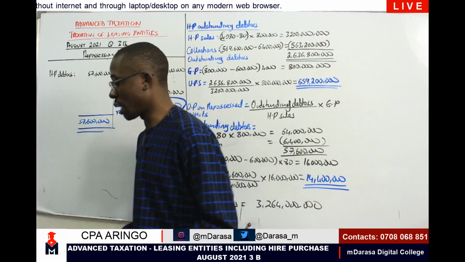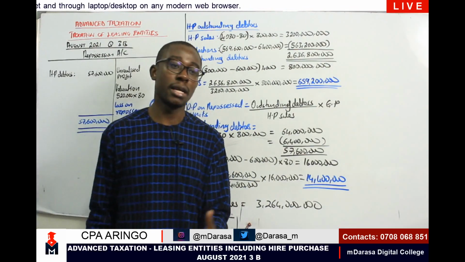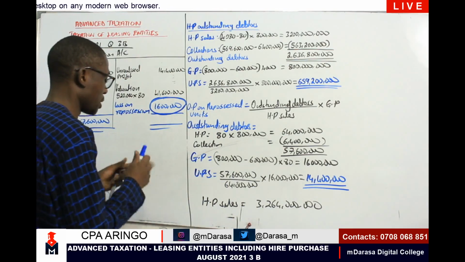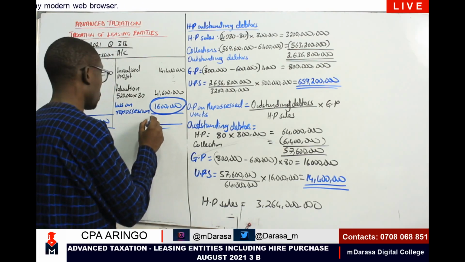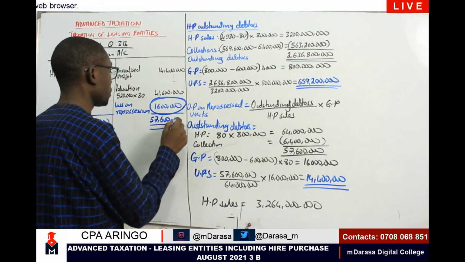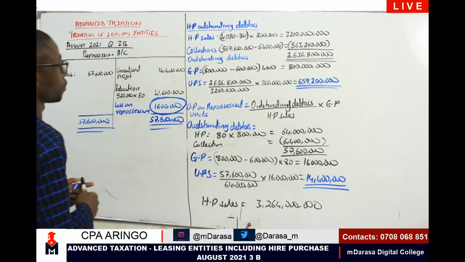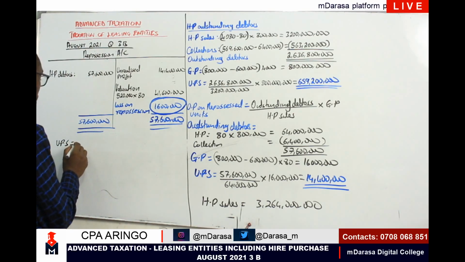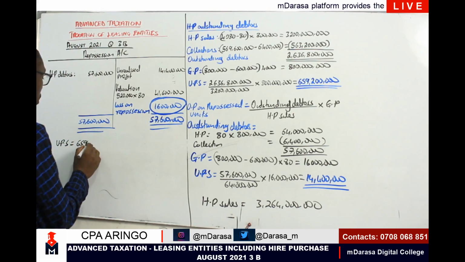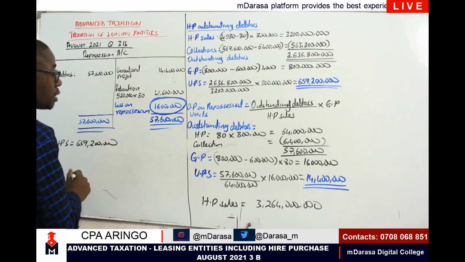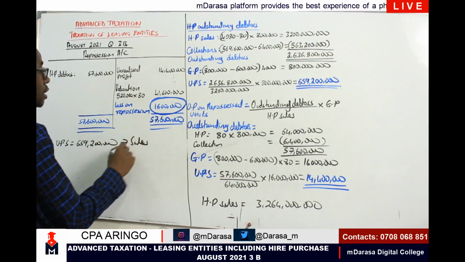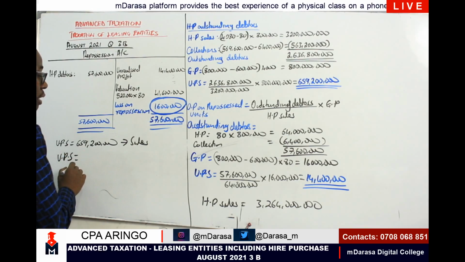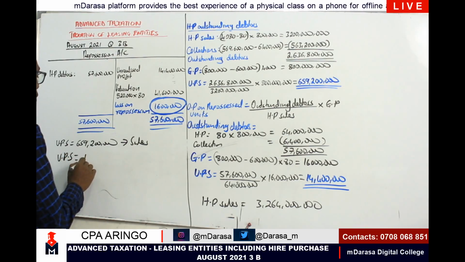So the moment you have that, my good students, preparing our statement will be very easy. It should take us not more than 5 minutes. So allow Mwalimu to write our figures here, because we are going to need them. UPS on sales 659,200,000. Then UPS on unrealized profit on repossessed goods, a figure of 14.4.